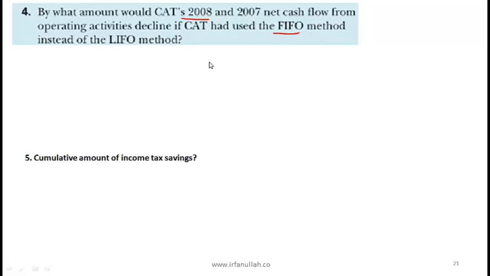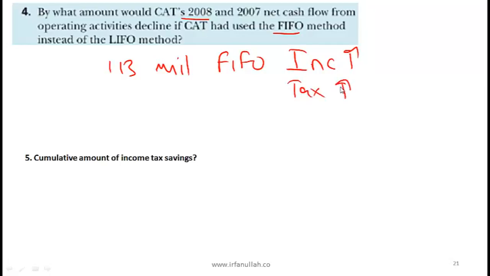Then what will happen to the cash situation? The 113 million, where did the 113 million come from? That's the tax saving. So if they go to FIFO, then what will happen? With FIFO, their income will go up, and if income goes up, the tax will go up.